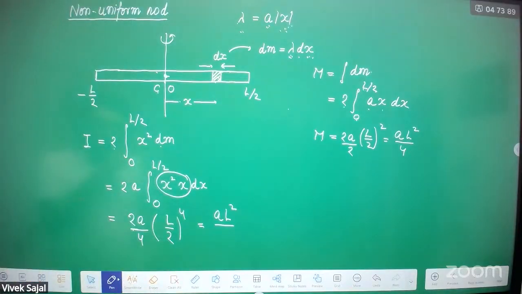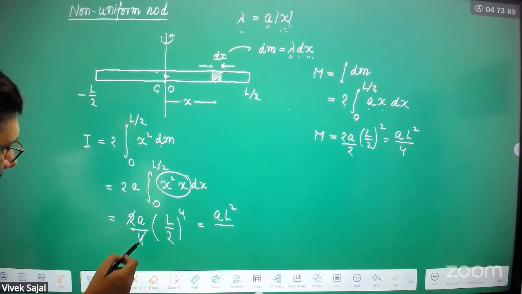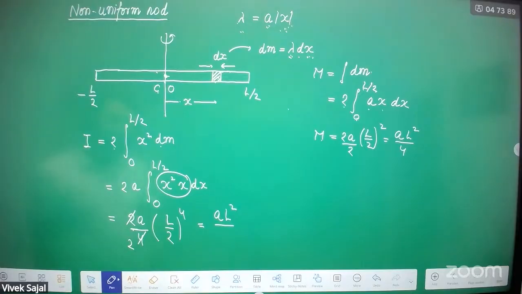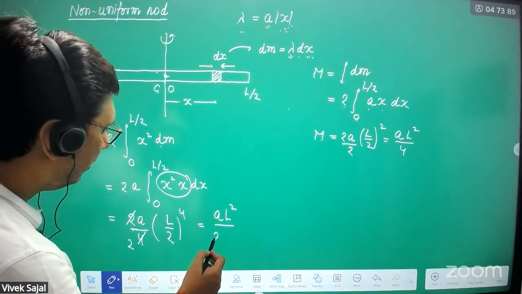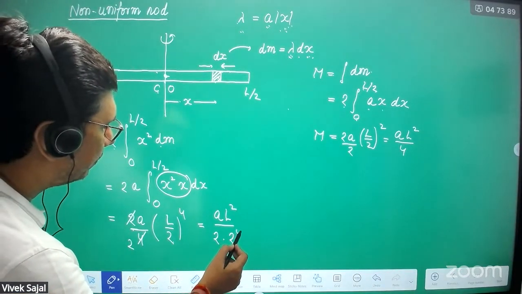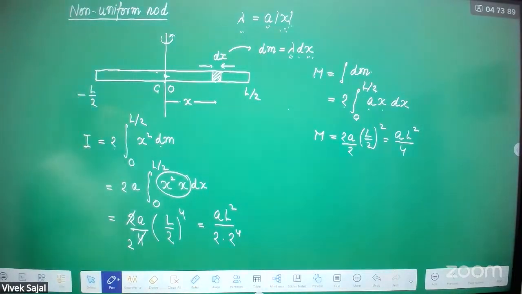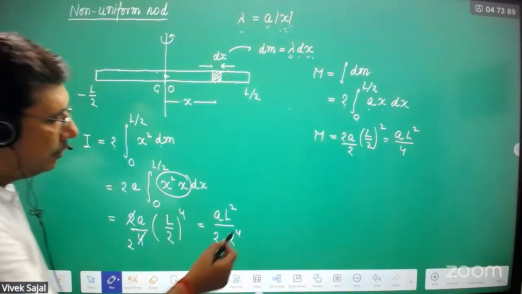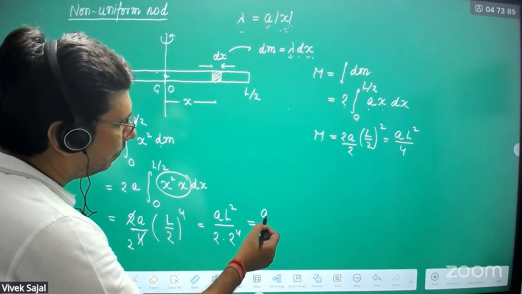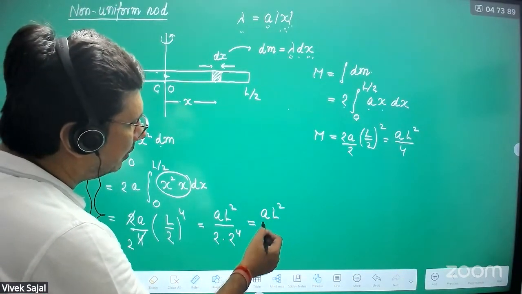So this 2 is going to cancel here. And it will be 2 into 2 to the power 4. So how much will it be? 16, 32. It will be AL to the power 4 upon 32.